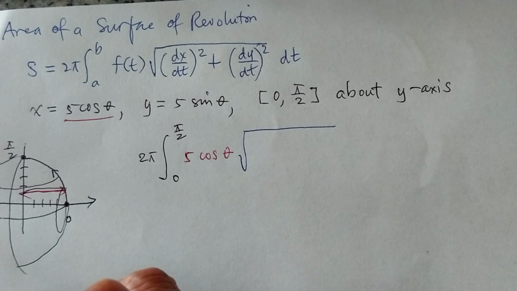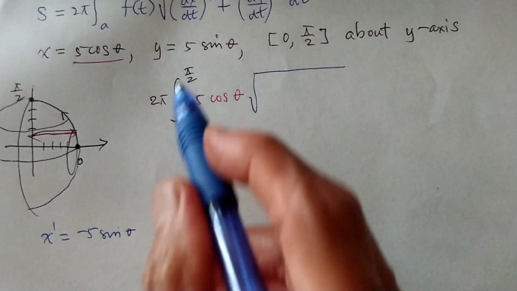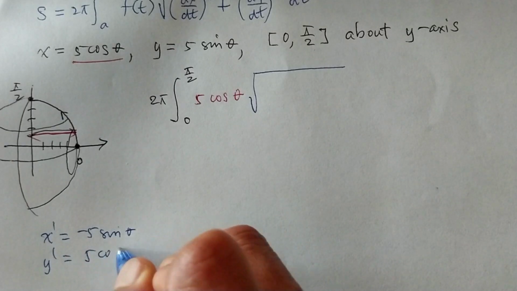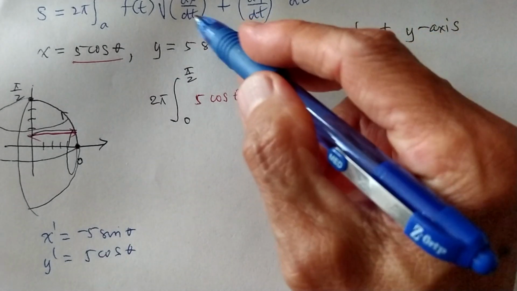Let's do that one here. x prime is negative 5 sine theta, and the derivative of y with respect to theta is 5 cosine theta.